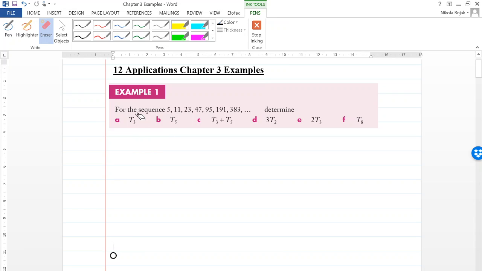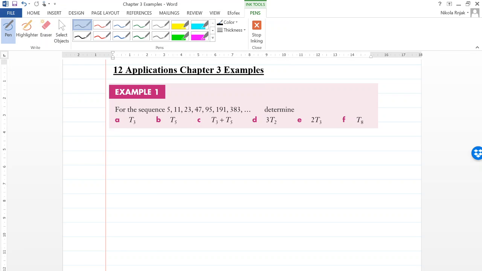What you'll notice is that we write the letter T and then the number just below the T, not next to it, like a smaller number. 11 is term 2, so we'd write T2 equals 11. The third term, 23, is T3, T4, T5, and so on. That's just how we label the numbers in a sequence. All right, so let's get started.